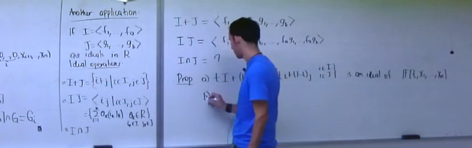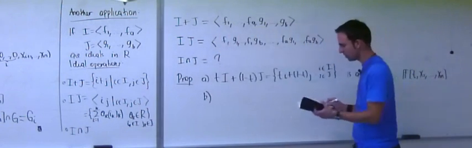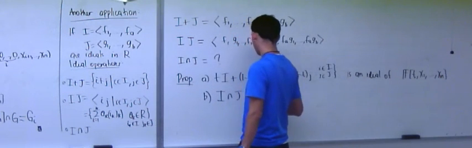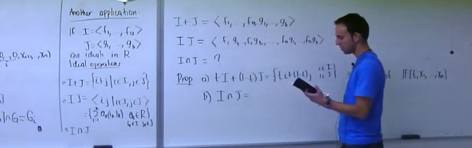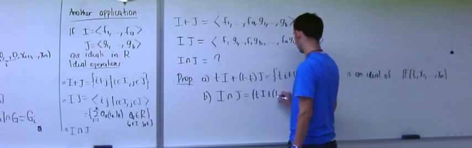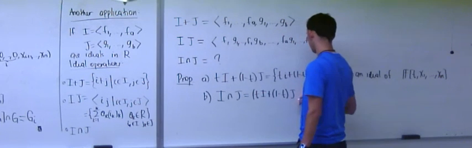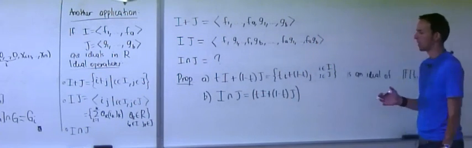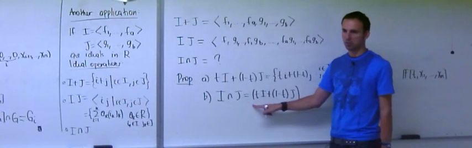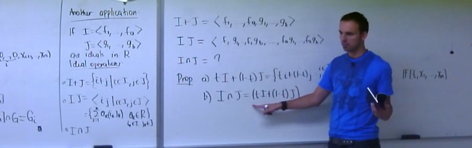But that's where part B comes in, because part B says that the intersection of I and J is equal to this thing that I just wrote. And like I said, this consists of polynomials in n plus 1 variables, t and the rest.